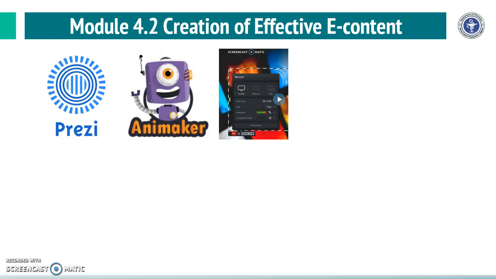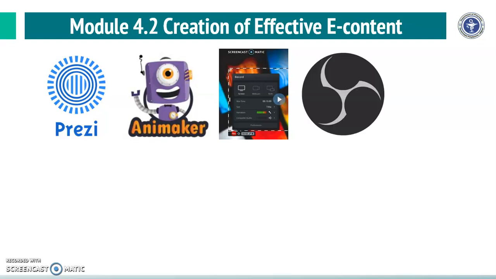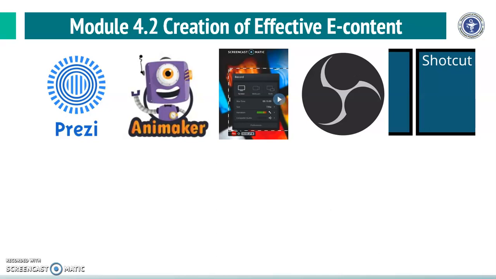Then we have seen how we can create the effective videos using free softwares like Screencast-O-Matic, OBS, and even we have seen how we can edit those by the video editing softwares like OpenShot or Shortcut.